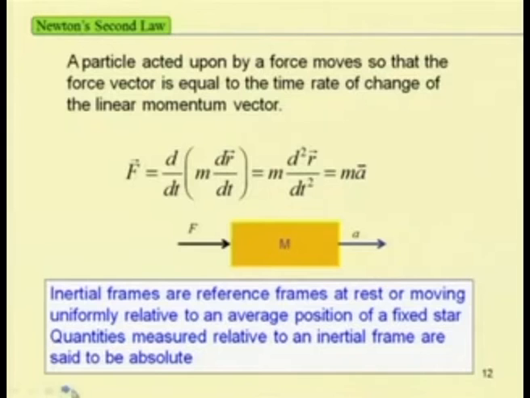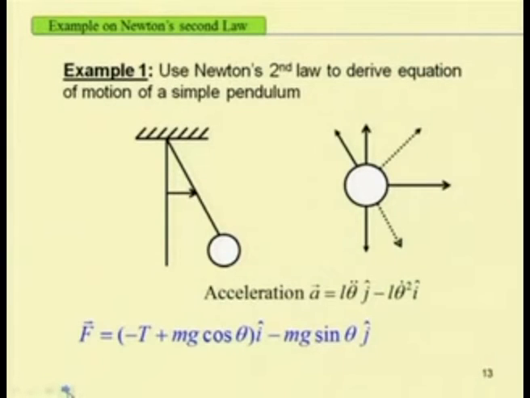Initially we derived the equation of motion of the simple pendulum using Newton's second law, where we found the force and obtained the acceleration of the bob, and equating the external force to the inertia force, we found the equation of motion.